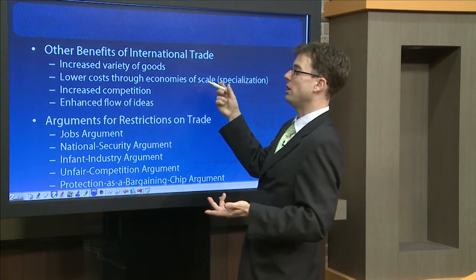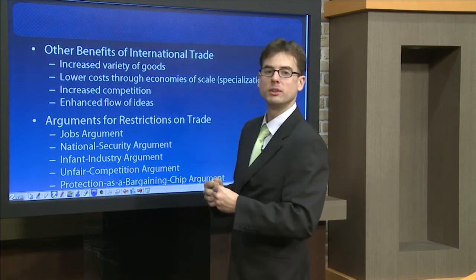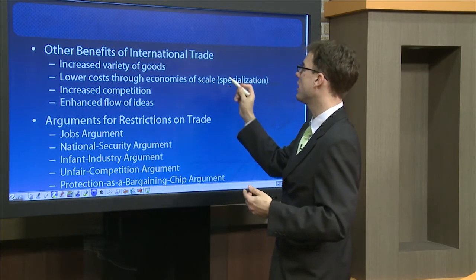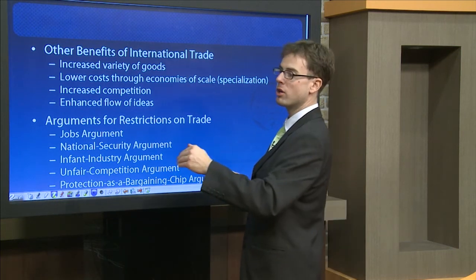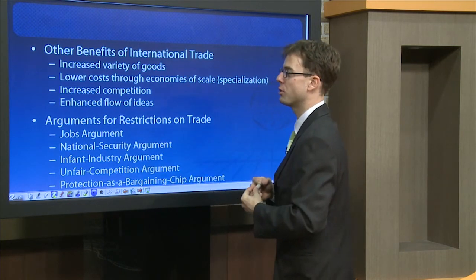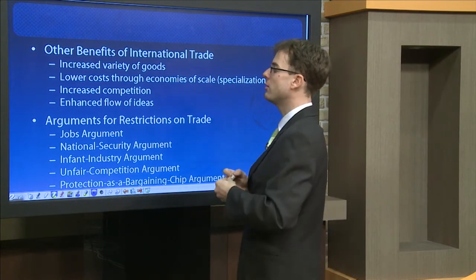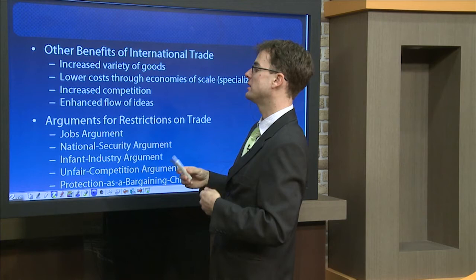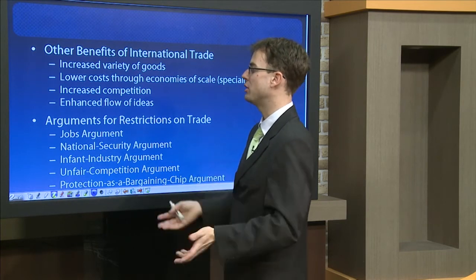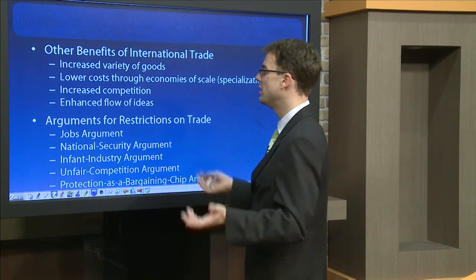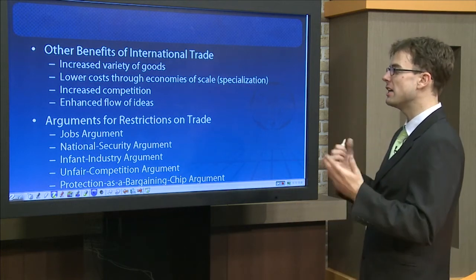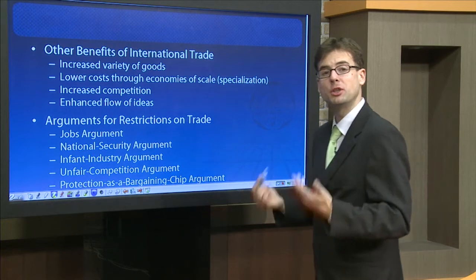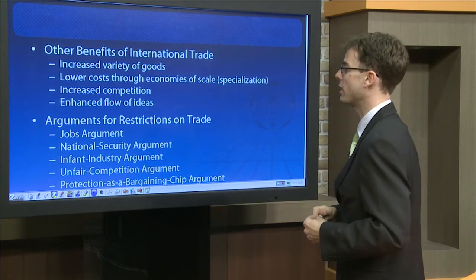But if free trade allows for, we will talk about this later, economies of scale, which means lower marginal cost of production as output increases, or if free trade results in increased competition and increased sharing of ideas and production technologies, there could be additional economic benefits of free trade.